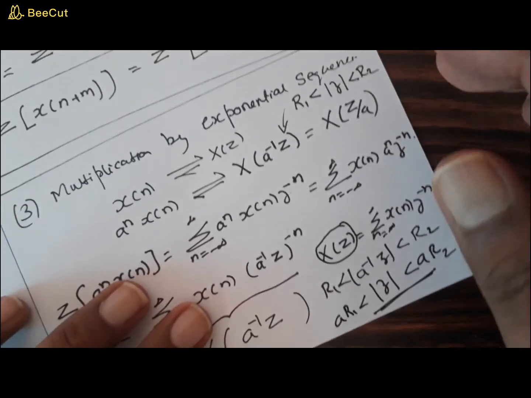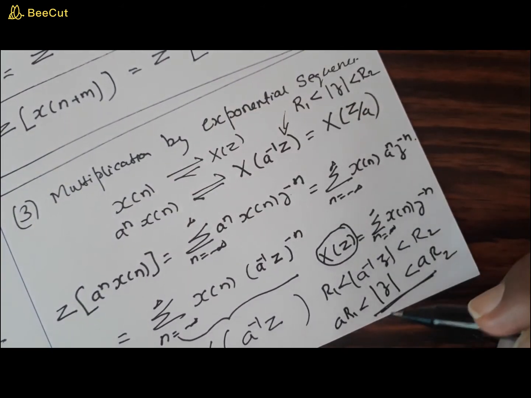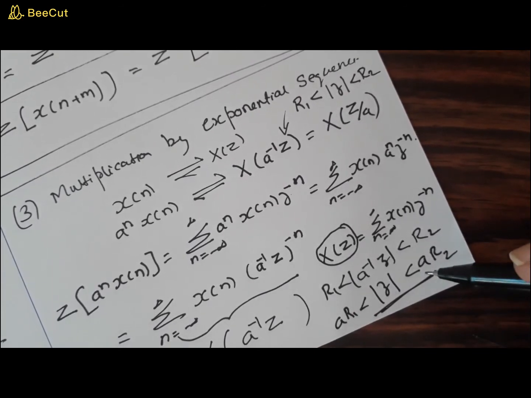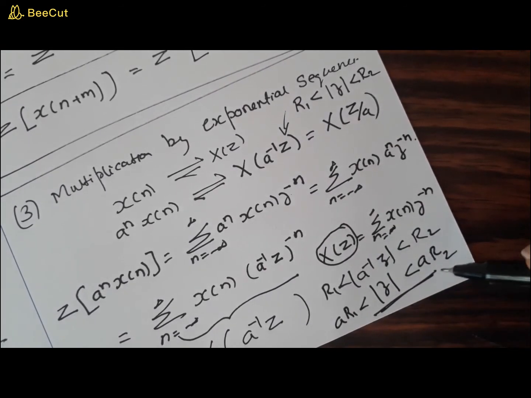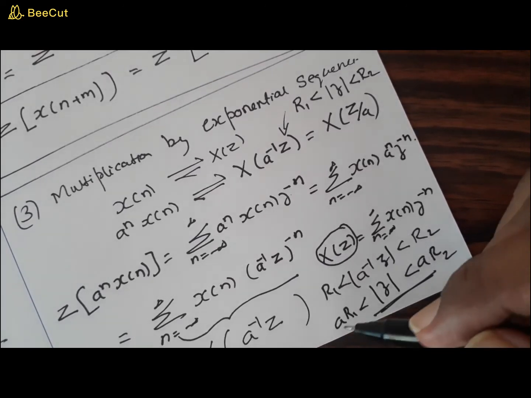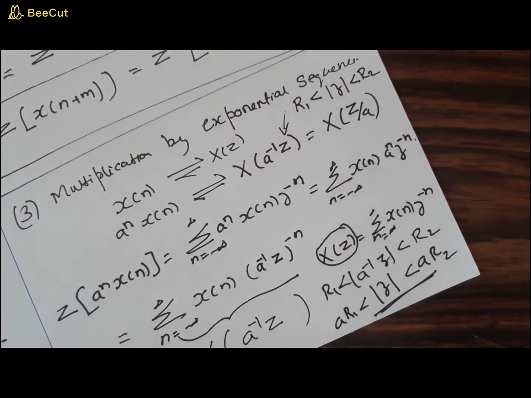Now if it is a causal signal, it will only have mod z greater than a times R1. If it is a non-causal signal, it will only have mod z less than a R2. If it is a double-sided signal, then the region lies between a R1 and a R2.